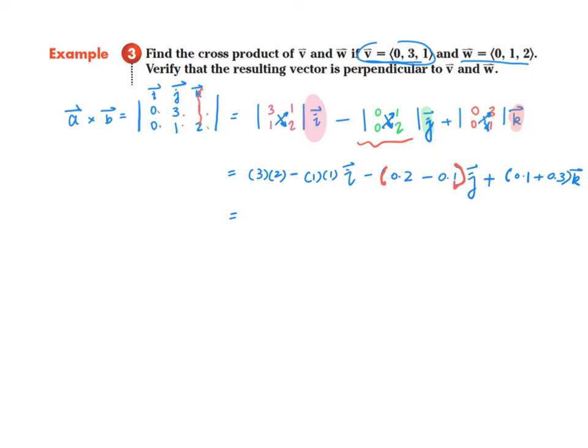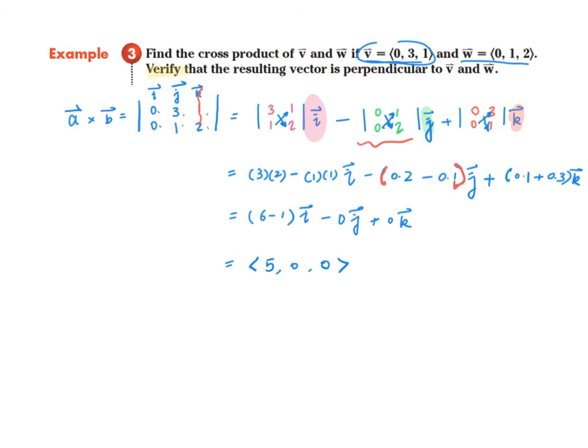We have 6 minus 1, that is for I, and minus 0 for J, plus 0 times 1 minus 0 times 3 is 0 for K. Which means that we just have 5, 0, and 0 as our final answer for this vector.